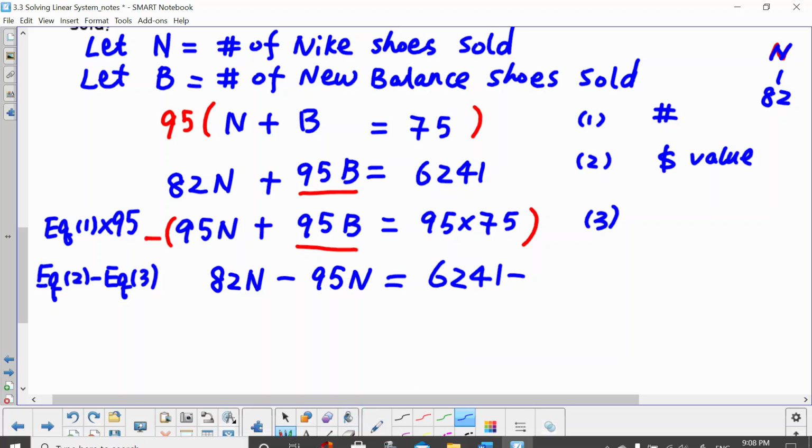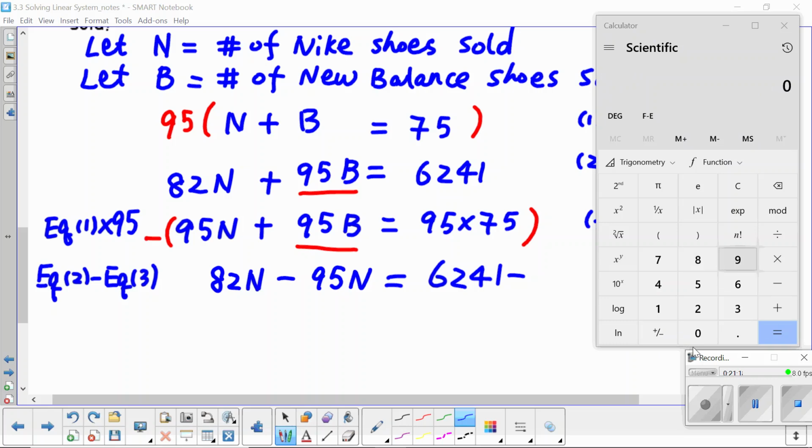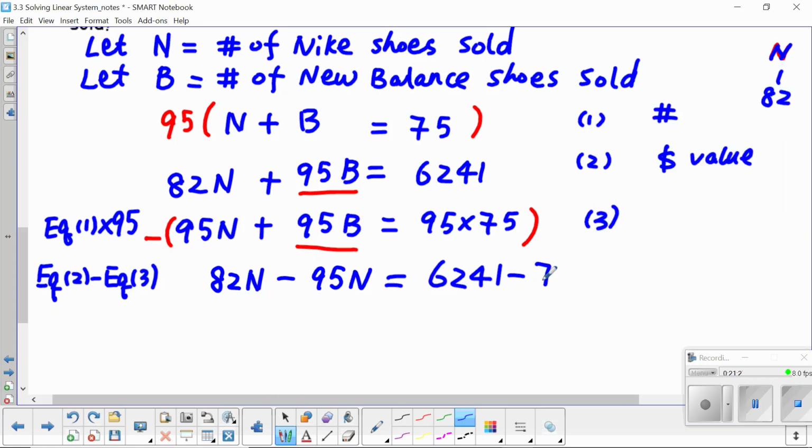We are going to do the calculation. So we are going to times 95 by 75. You will have 7,125.